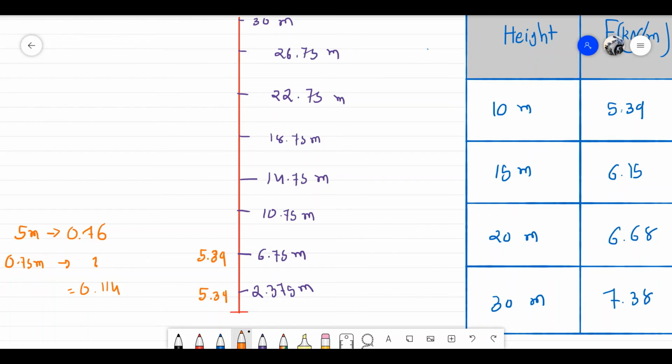So 10.75 is 5.39 plus 0.114. So value is 5.504.